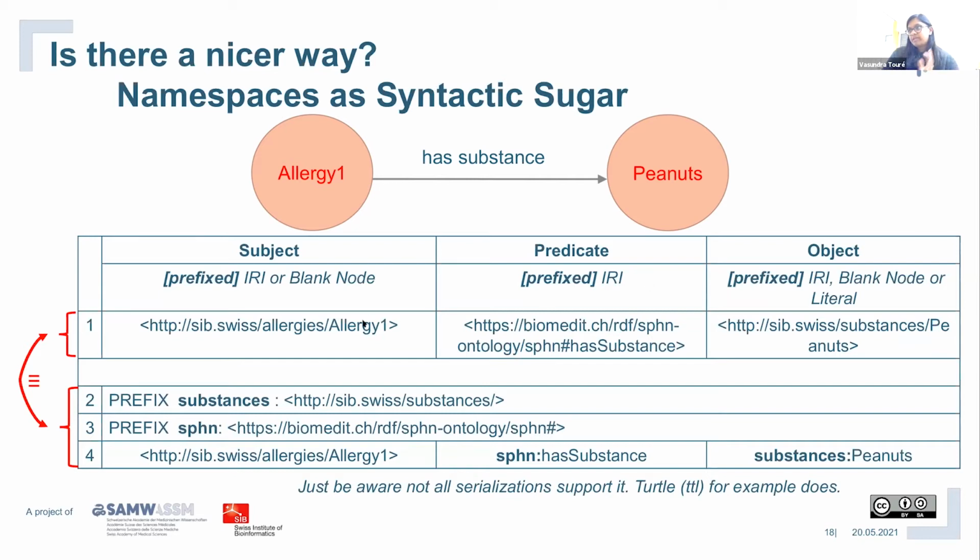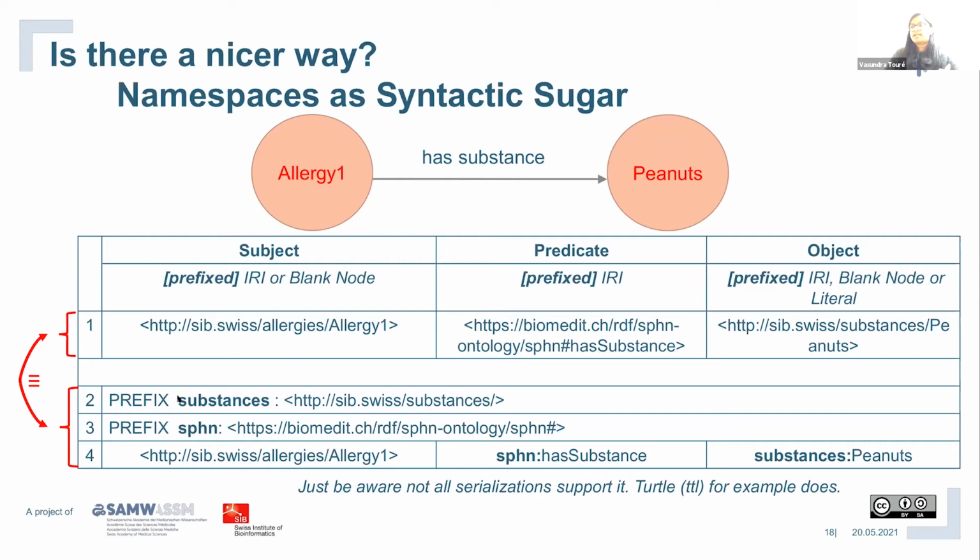So what I mean by that is that this is the example we had before, right? We had the subject allergy one with the full IRI identifying uniquely this element. We had the has substance and the peanuts with the full IRI. What we can do in our data file is to define those prefixes.